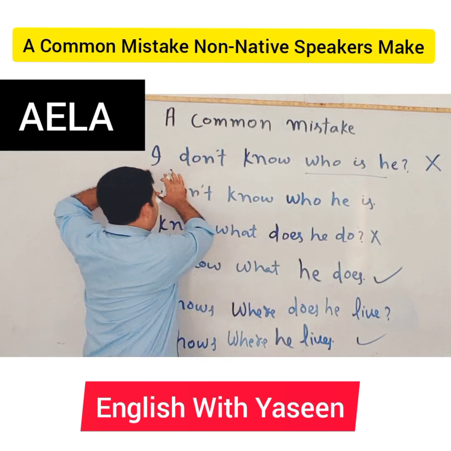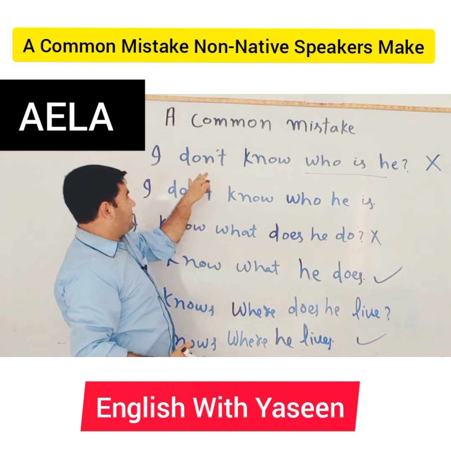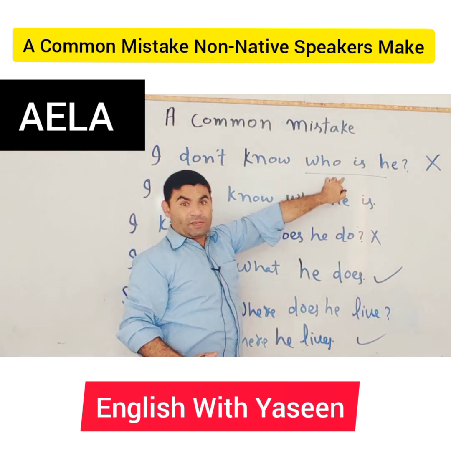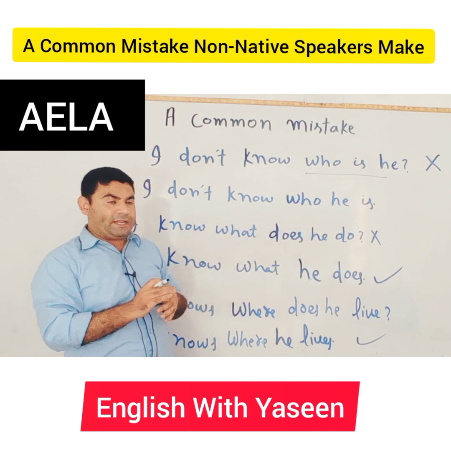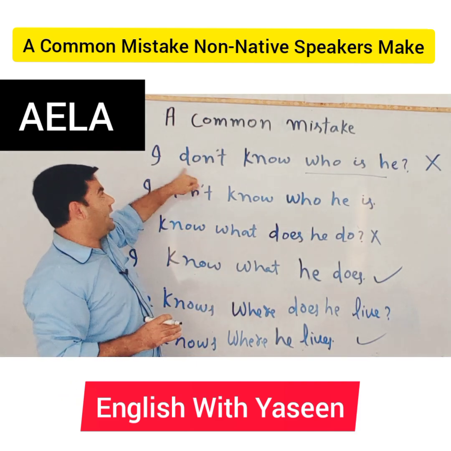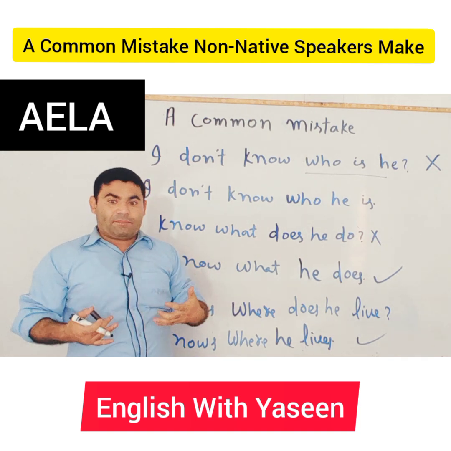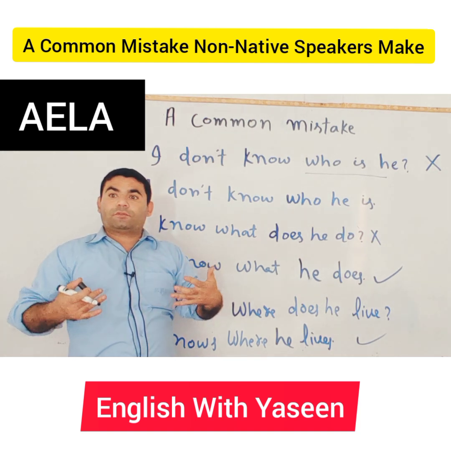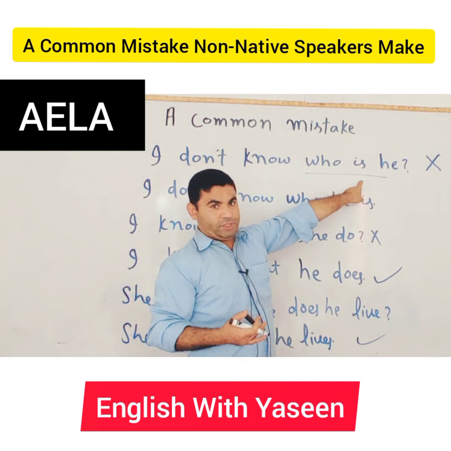Now if you look, my statement "I don't know" is positive. And in the positive statement, I'm asking a question. Now it's a wrong sentence, because "I don't know" is a statement. I just want to say something positive. My aim is to use a positive sentence. But here I made a question.